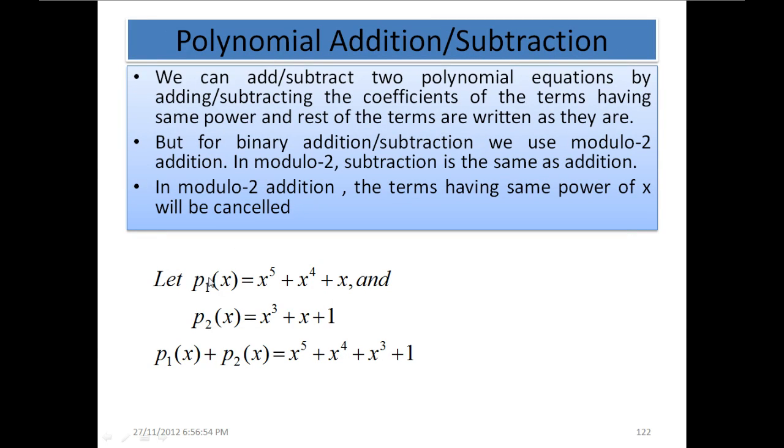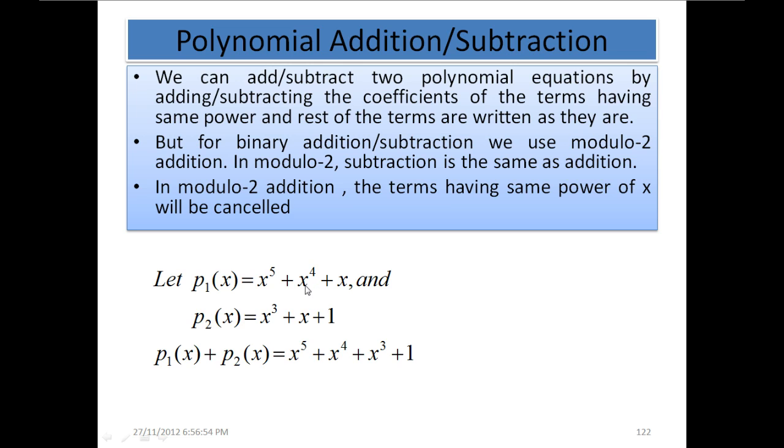So what we'll do is simply, for example, I have got a term p1 of x is equal to x raised to the power 5 plus x raised to the power 4 plus x, and there is another term p2 of x which is equal to x raised to the power 3 plus x plus 1. So the terms which differ in power will be written as they are, and the terms which have the same power will be cancelled. This x to the power 5 is in this term, but there is no x to the power 5 over here, so it is written as it is.